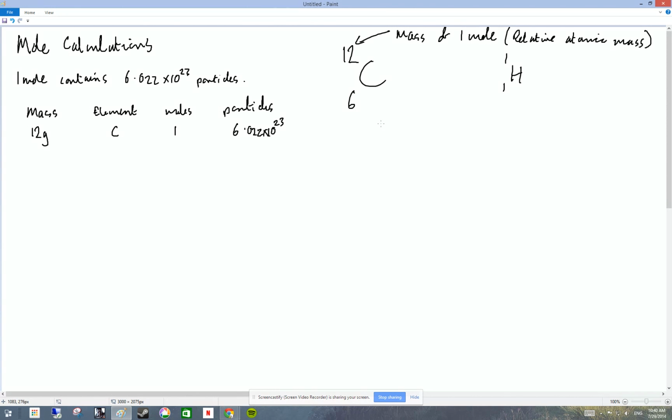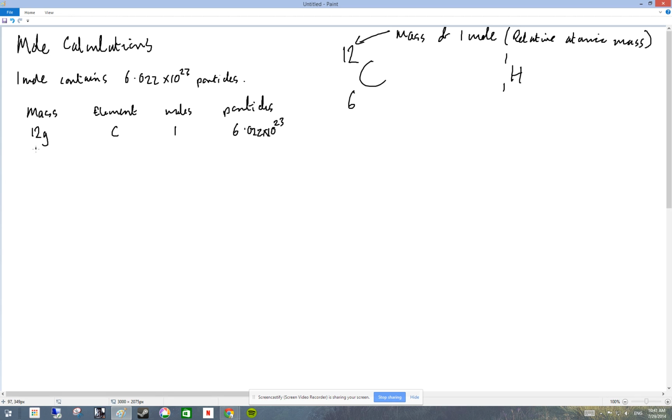Okay, these are relative masses, so they're compared to a standard, and the standard is actually carbon 12, and it's the mass of 1/12 of the carbon 12 nuclei, the carbon 12 isotope. We'll come on to why you've got that definition later on. But they're compared to one another. So a hydrogen atom is actually only a 12th the mass of a carbon atom.